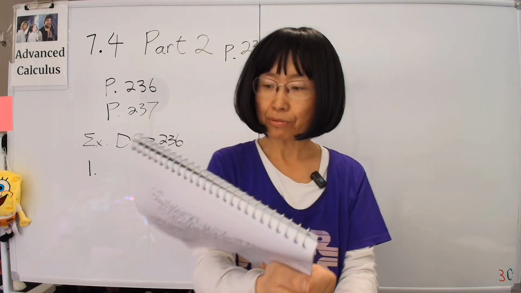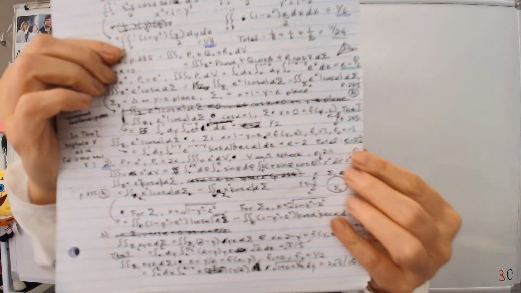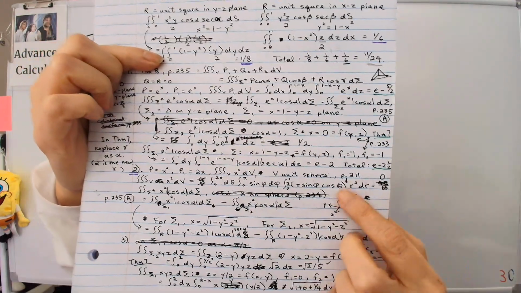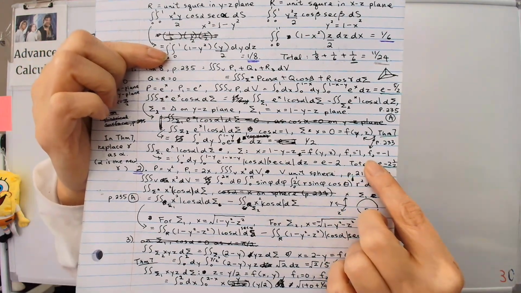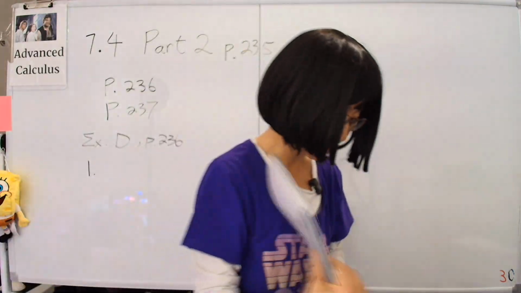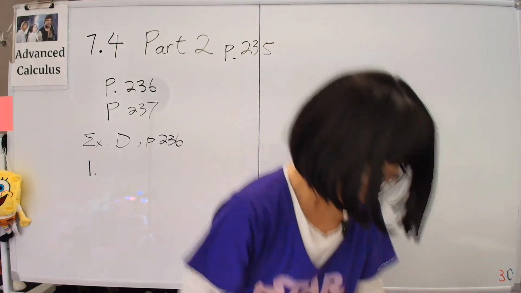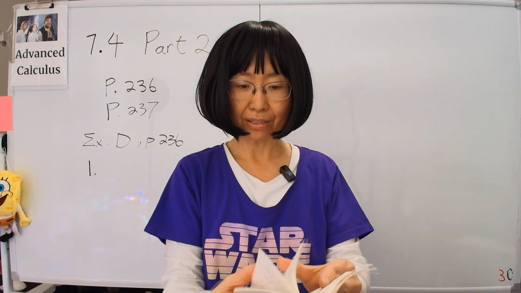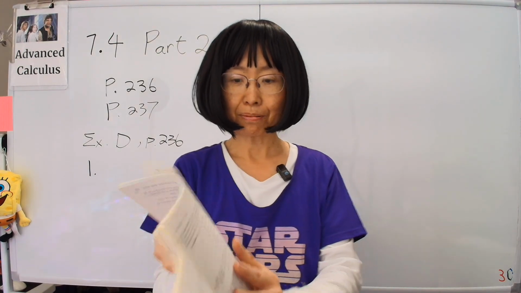In doing so, we have to work with Theorem 8, but we also need to use Theorem 7, where we have to calculate f1 and f2 and take the square root of 1 plus f1 squared plus f2 squared. I'm talking about this thing in Theorem 7. You need to plug this in.